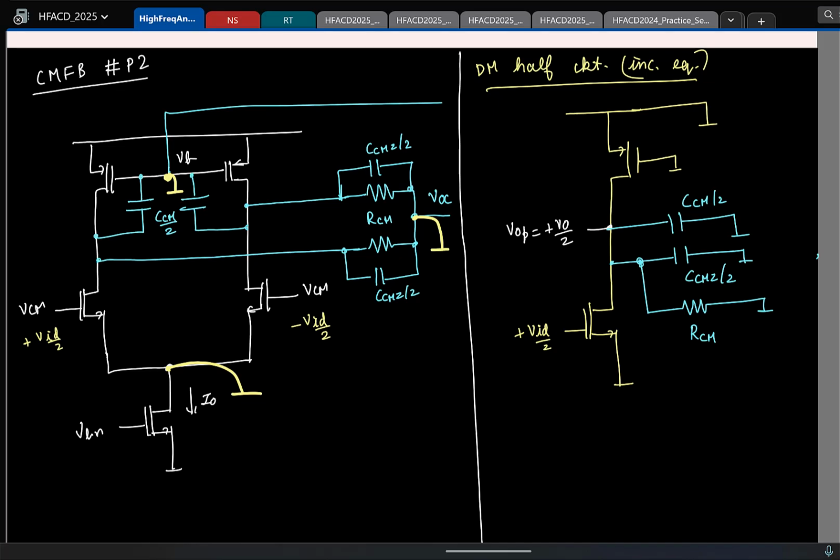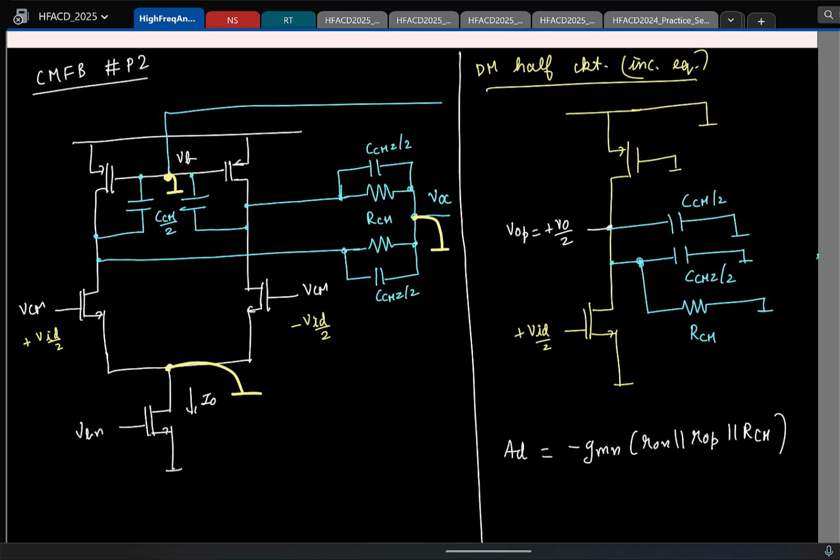So what is the differential mode DC gain now? Again minus GMN times R0N parallel R0P. This is only the DC gain. Same, right? So again you have to make sure that the common mode detecting resistor is much greater than the existing output resistance, so that it doesn't affect you.